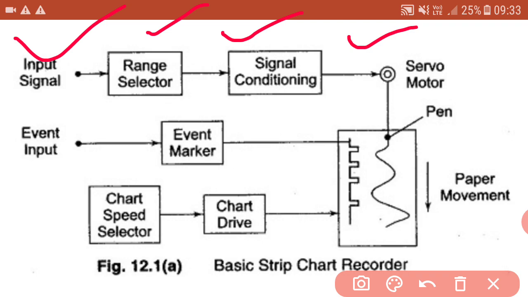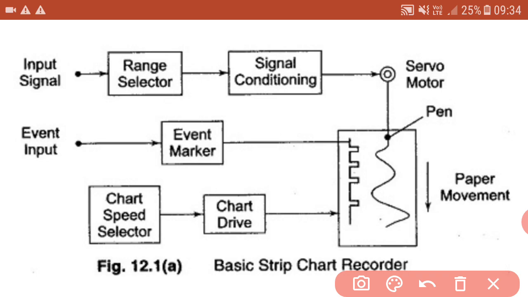Then the output of the servo motor is directly connected with the pen or stylus. Here we can see it is connected with the pen. So as per the servo motor speed, the pen or stylus will draw the chart on a paper, and there is a movement of paper.